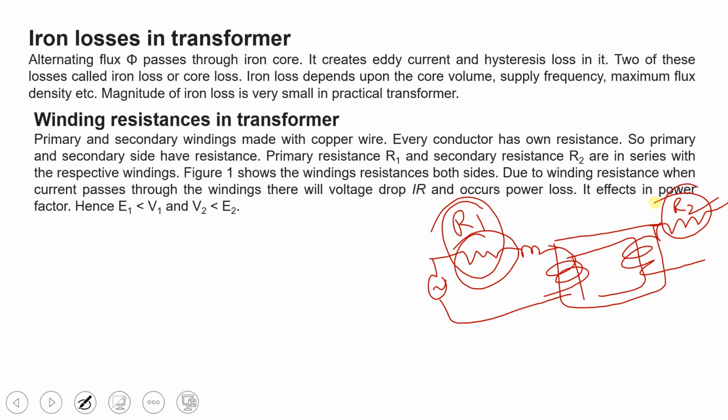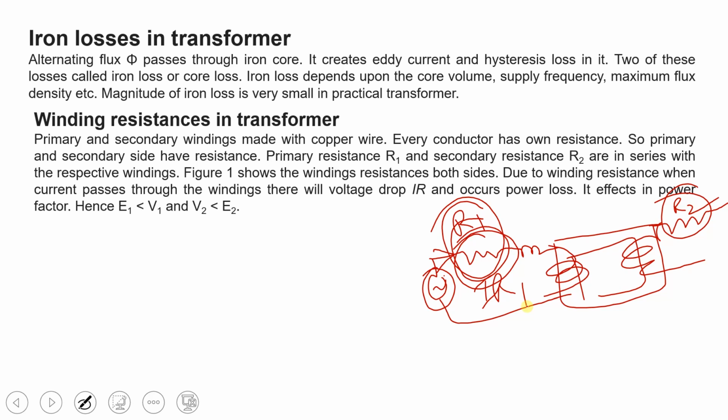Due to winding resistance, when we give the supply voltage and current flows in the primary side, there is a voltage drop due to this resistance, I R1, and it causes power losses. It also affects the power factor.